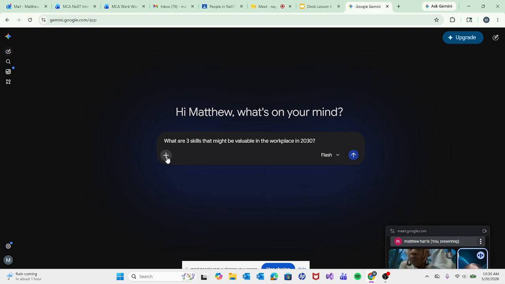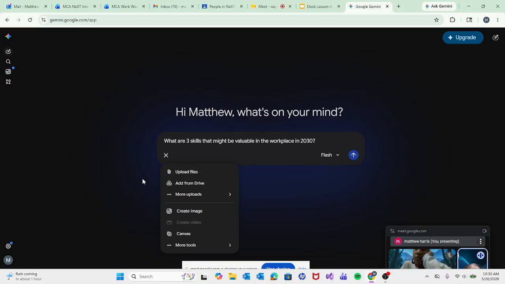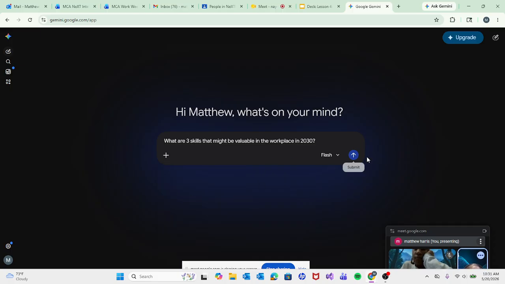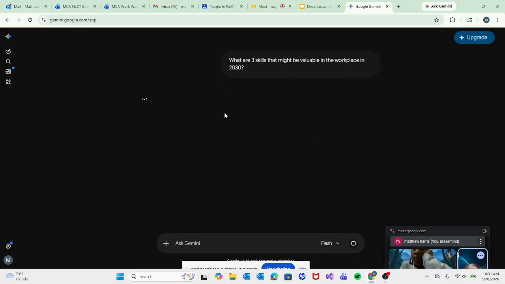If you want it to be a certain thing, you could click the plus, for example to create an image, or to give it a file as an example of what it's using, data to upload, things to add from your Drive, and other tools. I'll just hit submit and see what it comes up with.